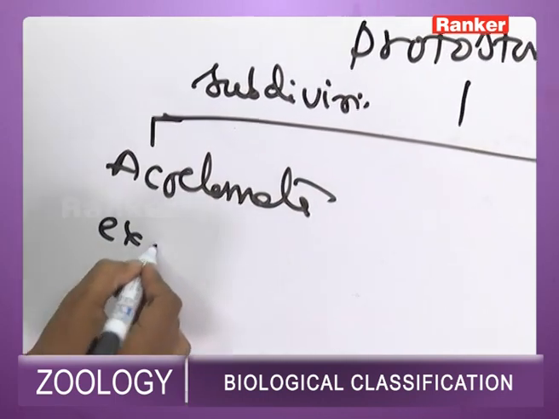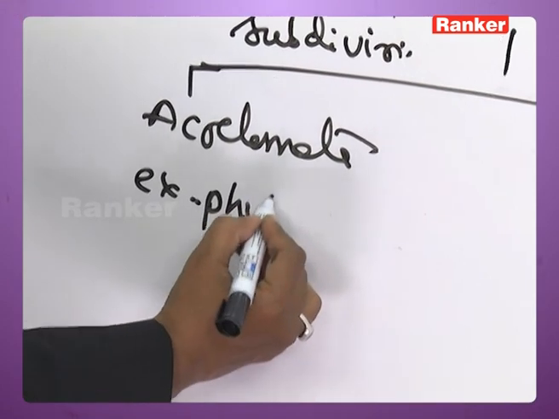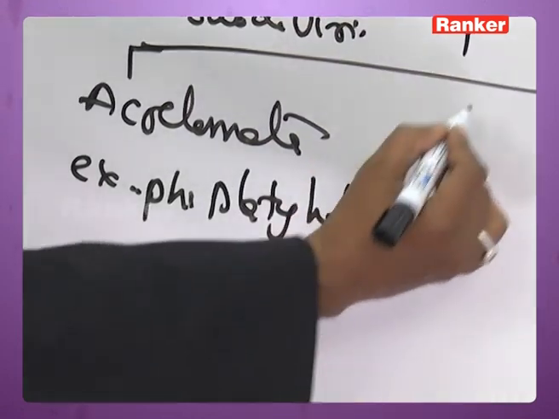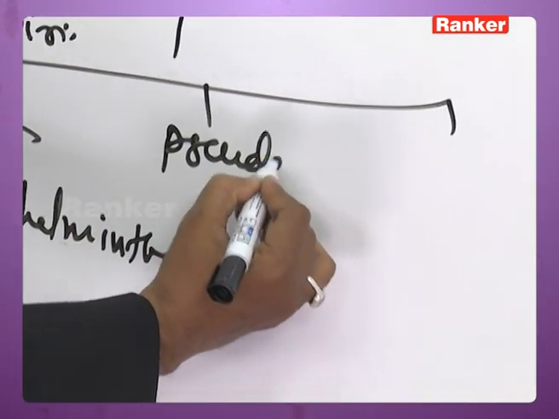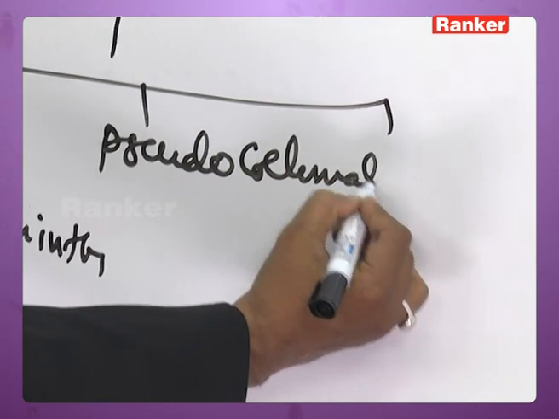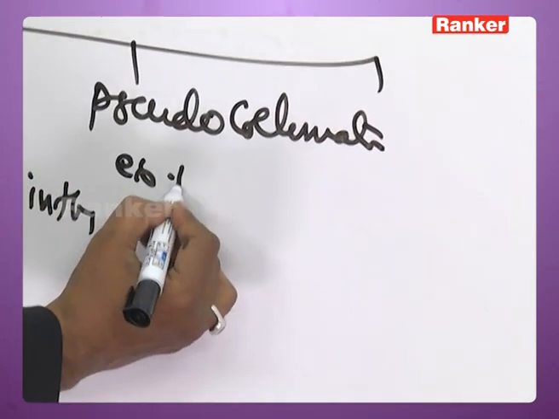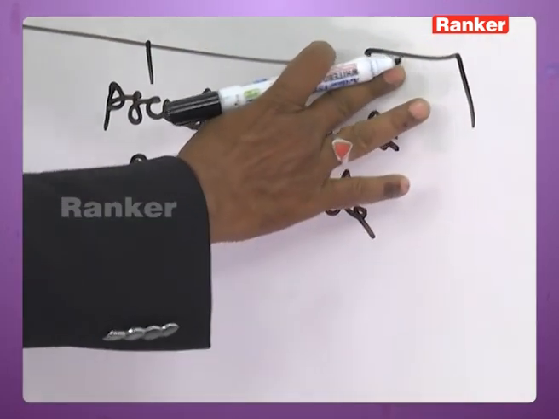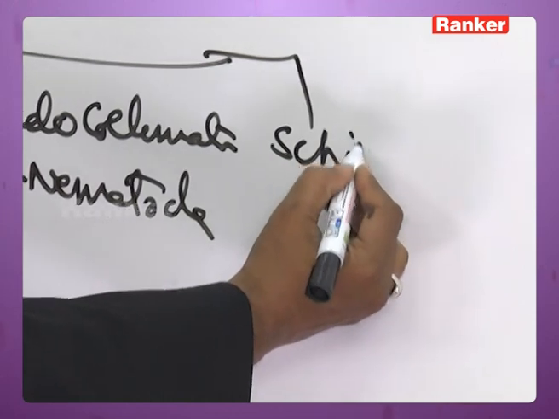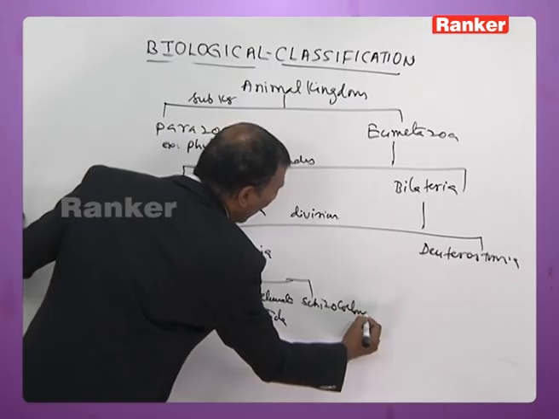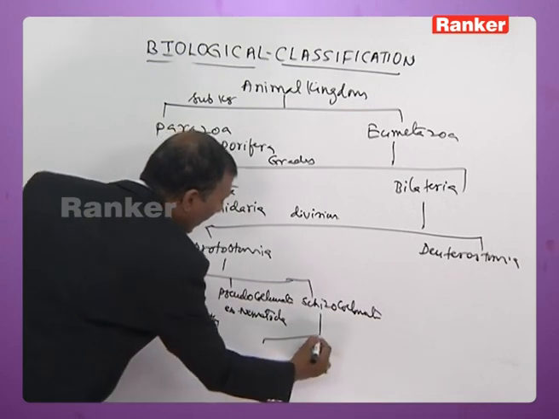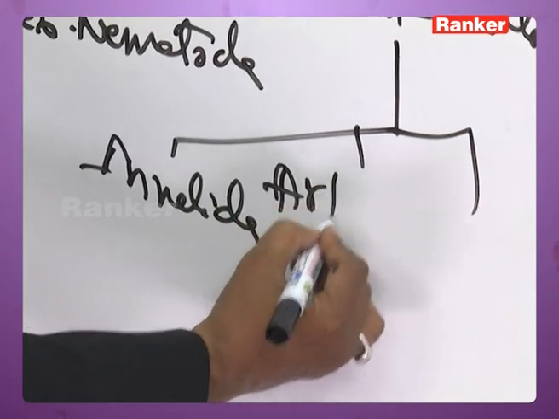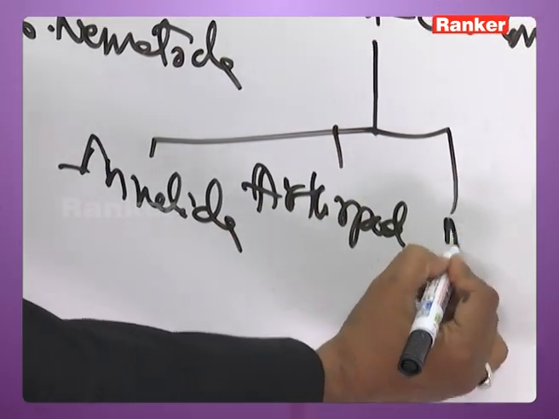Under Acoelomata you have example phylum Platyhelminthes, Pseudocoelomata, example Nemathelminthes, Schizocoelomata, examples you have Annelida, Arthropoda, Mollusca.